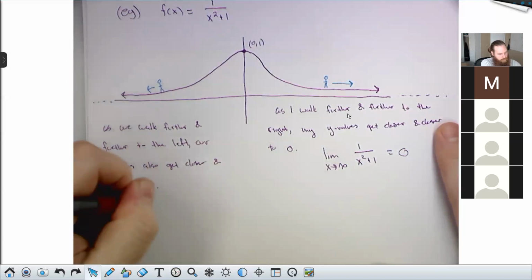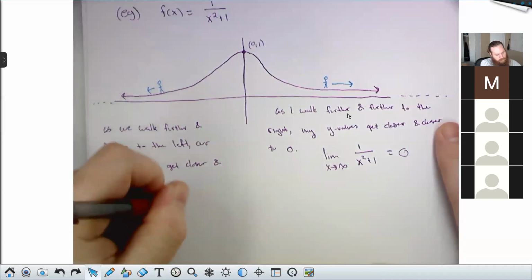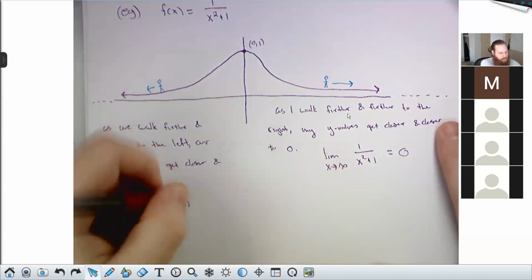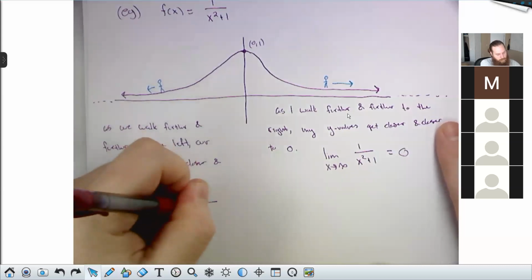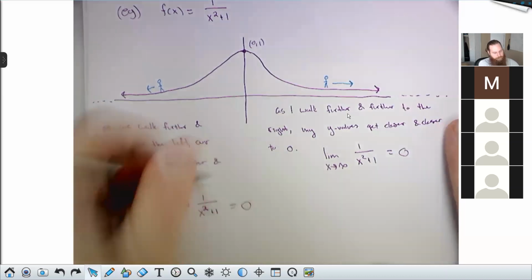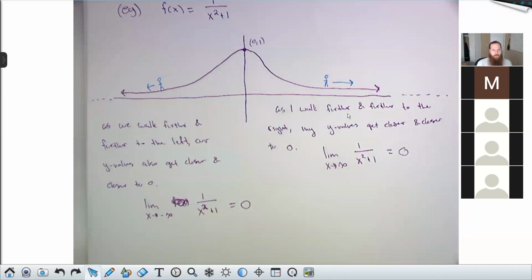So here we would say the limit as x goes to negative infinity of f of x, in this case, the function is 1 over x squared plus 1, is also 0. And what you notice is that this function has a horizontal asymptote, y equals 0, that it approaches on both sides. So limits at infinity and horizontal asymptotes, same thing, literally the same thing.